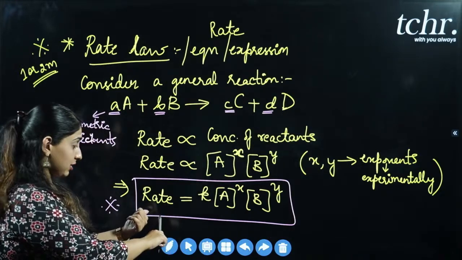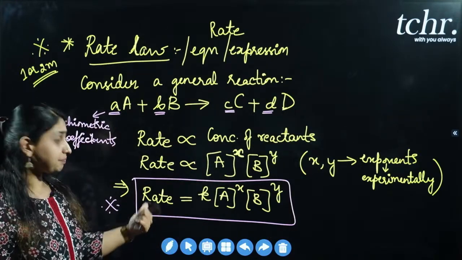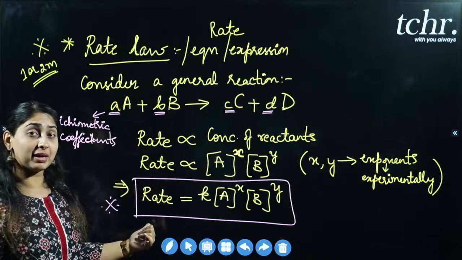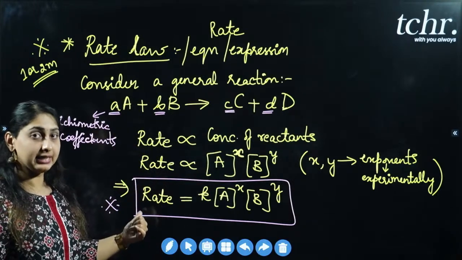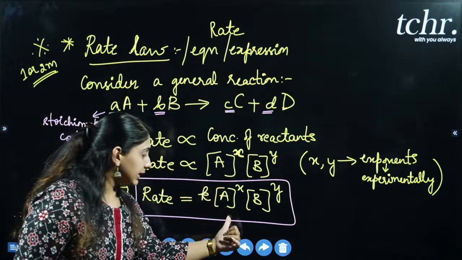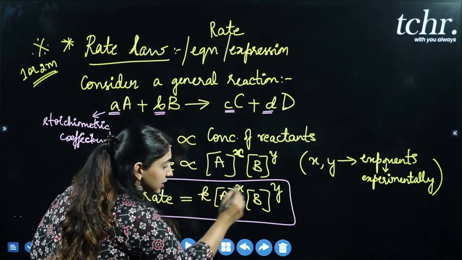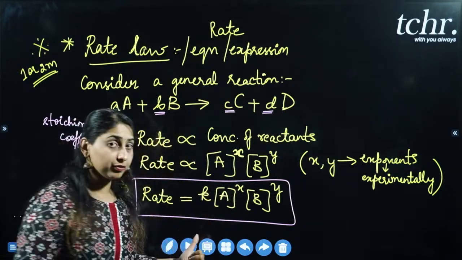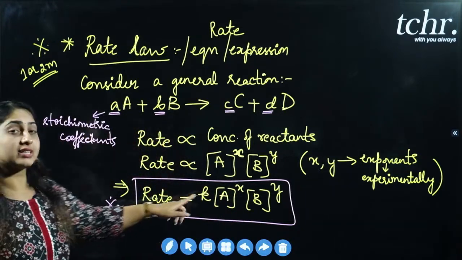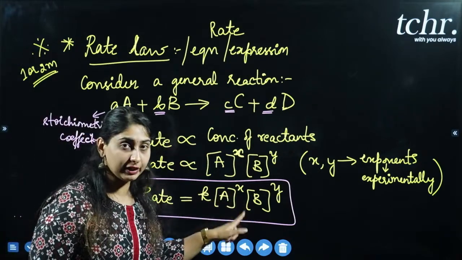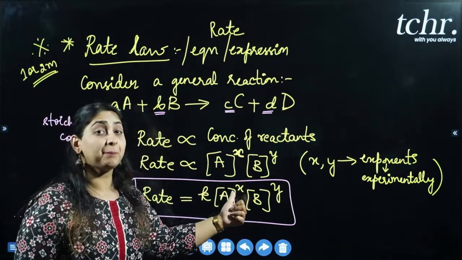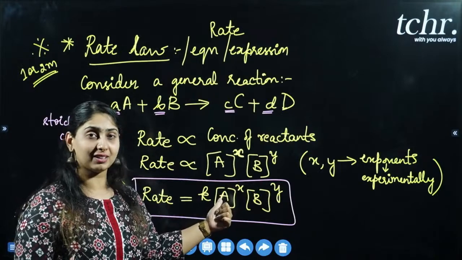Rate of the reaction, right? How do we define the rate of the reaction or the rate law? Rate law is defined as, okay, it is defined as the concentration of the reactants. Concentration means square bracket, okay? So rate of the reaction or rate law is equal to concentration of the reactants raised to some power. X and Y are powers or exponents, right?